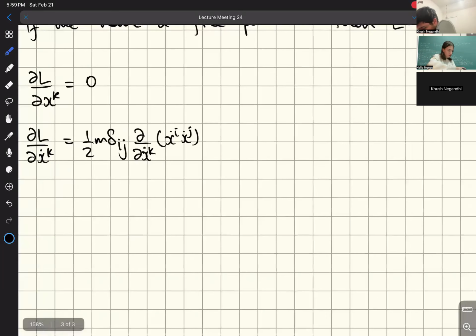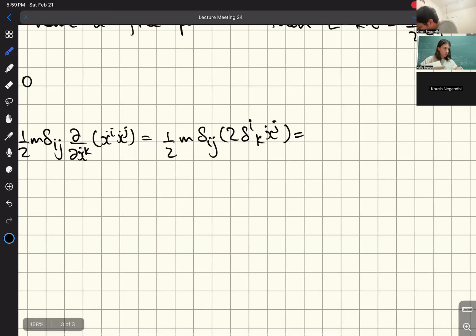And now using the product rule, this simplifies down to 2 delta ik x dot j, which is the same thing as m delta kj x dot j.